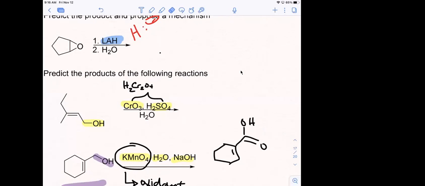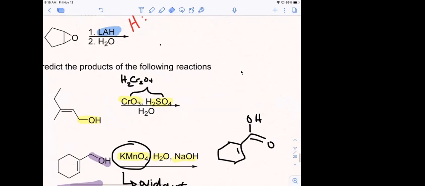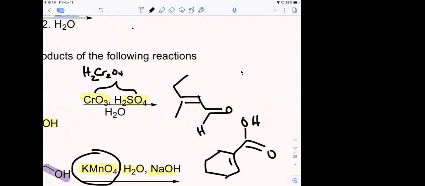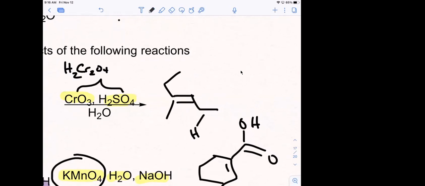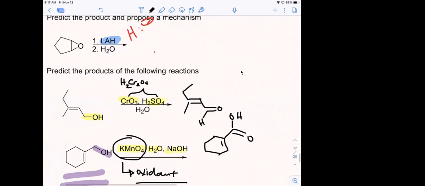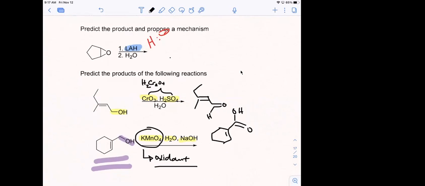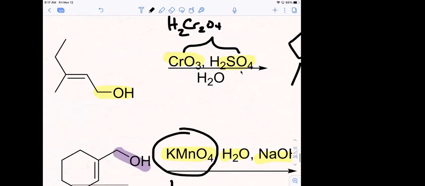So that's going to take that alcohol and oxidize it up to an aldehyde. All right, so that's my final product. Anytime chromic acid is in the presence of a primary alcohol, it's going to turn it into an aldehyde, like so.